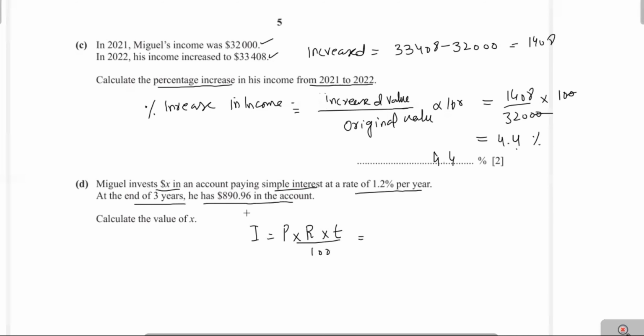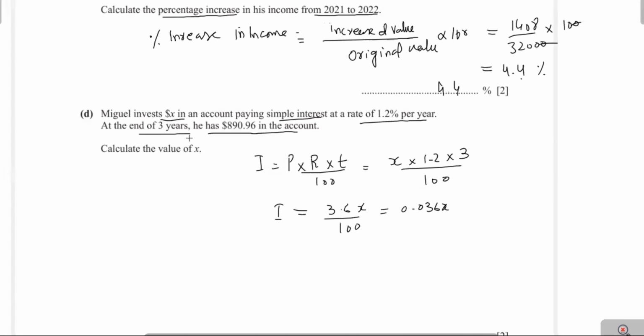Here the principal amount is X, rate is 1.2, and time is 3, over 100. Now we get 3.6 X over 100. That value will be equal to 0.036x.